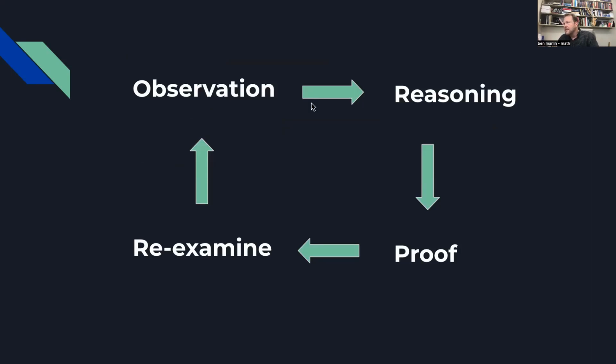But then after you've observed something, you should ask, why would that be true? And that's not trivial at all. You have to kind of hunt out structurally what is going on that might make that actually be true. And if you figure out the reason why, then you construct what in math we refer to as proof.